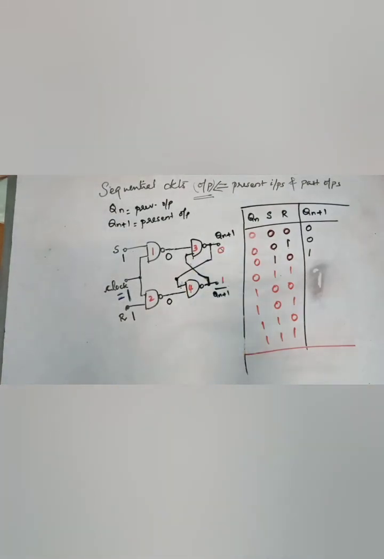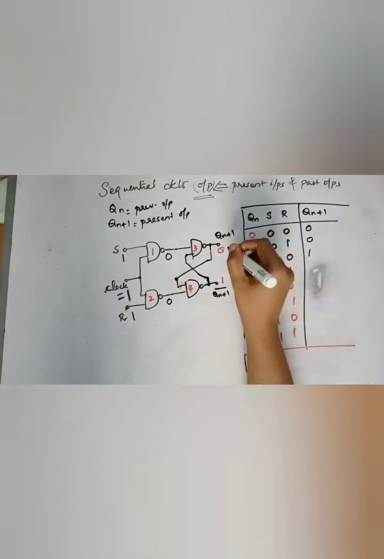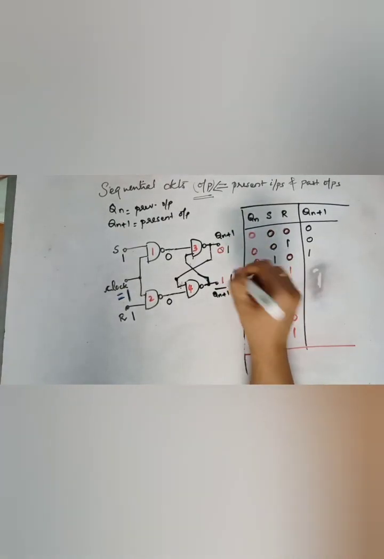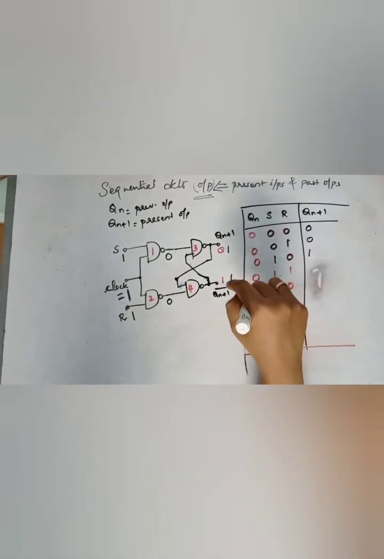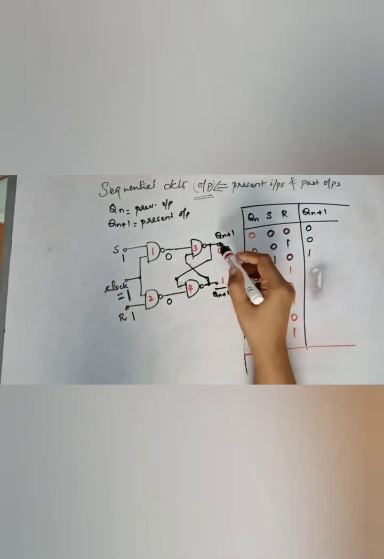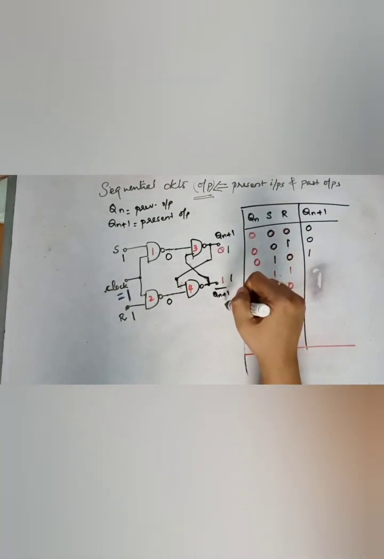Both 3 and 4 have one of the inputs as 0. So both the outputs will become 1. Both outputs being 1 means the starting logic, that is, Qn plus 1 and Qn plus 1 bar, or Qn and Qn bar, is violated.